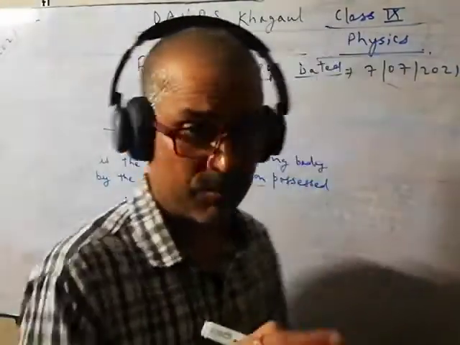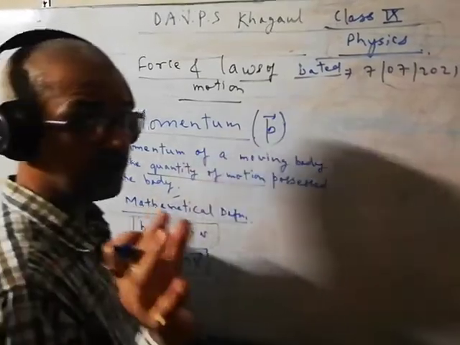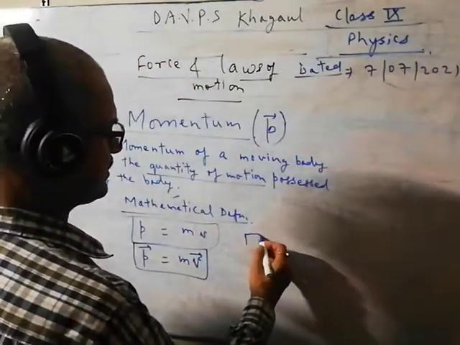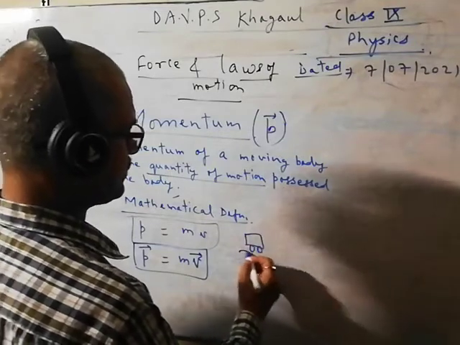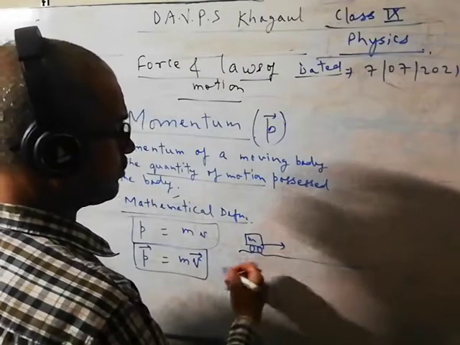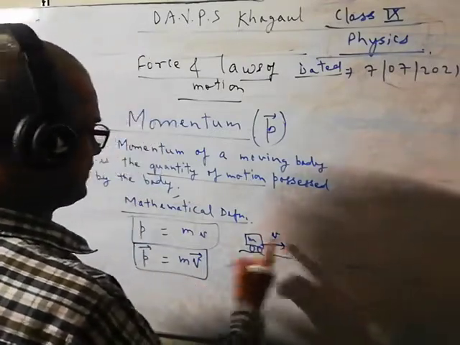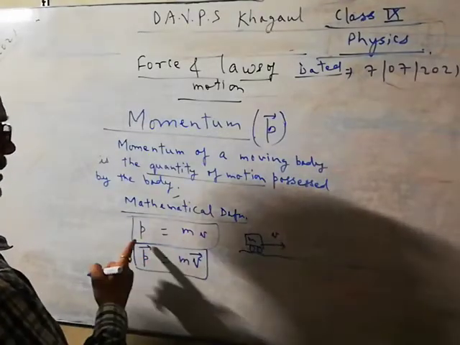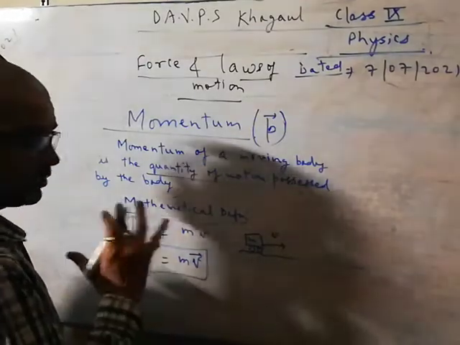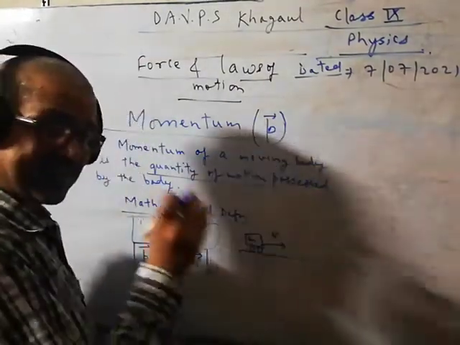And the magnitude of momentum is given as the product of mass and velocity of the body. So think of a vehicle which has mass m moving with velocity v. What will be the momentum? Momentum will be m into v. That is the magnitude of it. And what will be the direction of momentum? The direction of velocity is the direction of momentum.